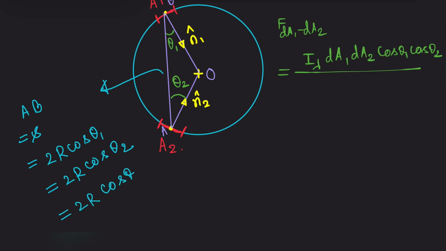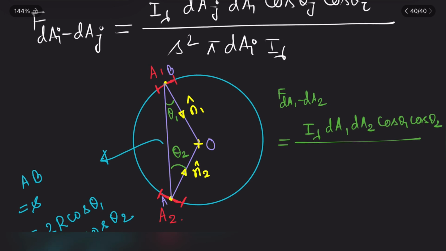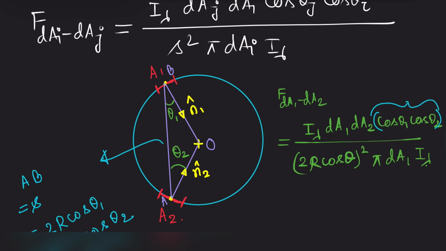Clear? So this will be (2r cos theta) whole square, into pi into dA1 into I lambda. Now you see that this term is also nothing but cos theta square.